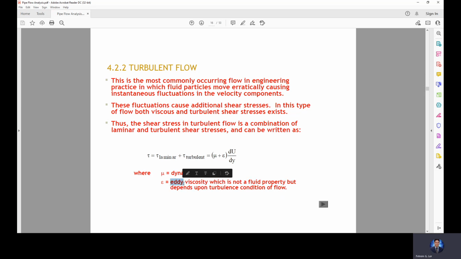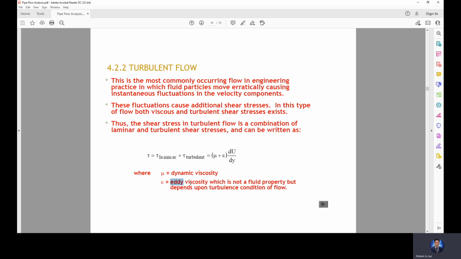If you haven't heard of eddy, you can Google it. It is not a person, not Eddie or Edward; eddy is the term for the phenomenon present in turbulent flow. Eddy viscosity is not a fluid property, and it appears only when the flow is turbulent, depending on the turbulence condition of the flow. There is no eddy for laminar flow, then it appears if the flow is turbulent.